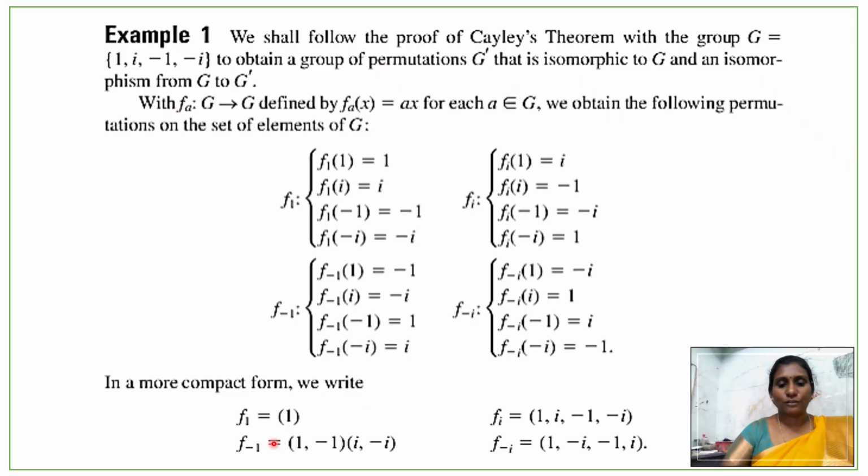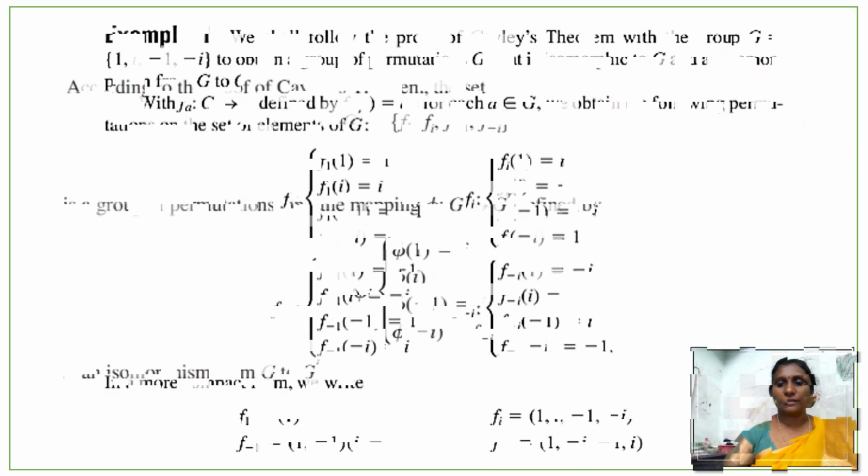In more compact form we can write f_1 is equal to the identity permutation, f_minus1 is equal to the product of two permutation cycles (1 minus1)(i minus i), f_i is equal to the permutation (1 i minus1 minus i) and f_minus i is (1 minus i minus1 i).